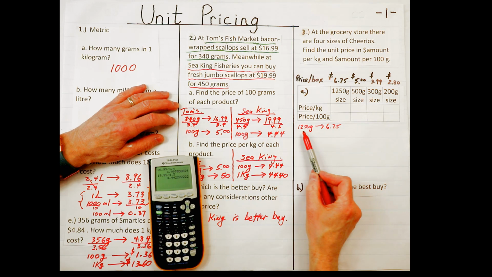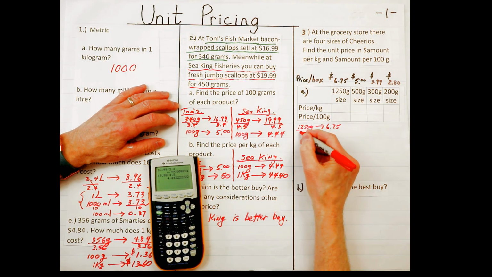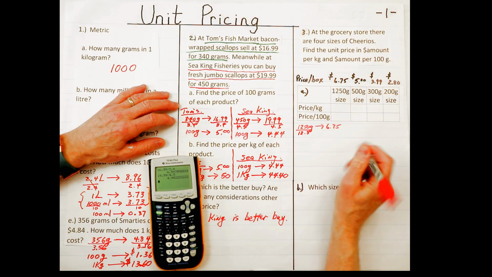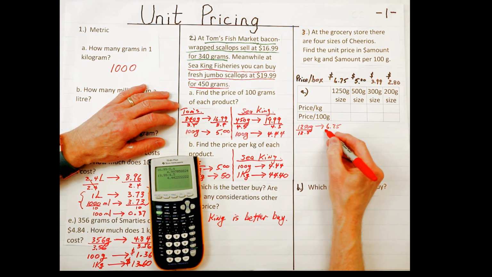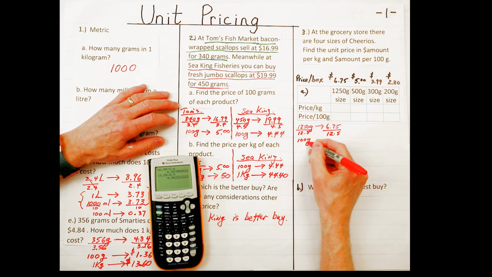Now, how do we get to 100 grams when we have 1,250? What do we have to divide by? We divide by 12.5. And we divide over here by 12.5. And that gives us 100 grams.